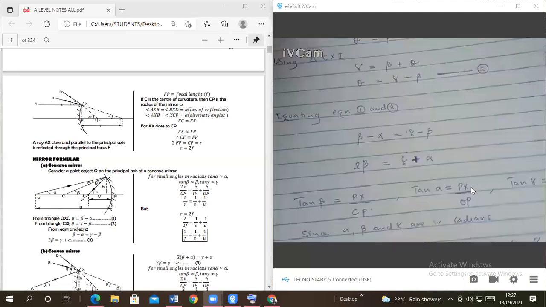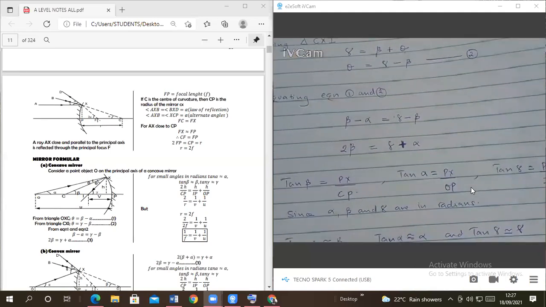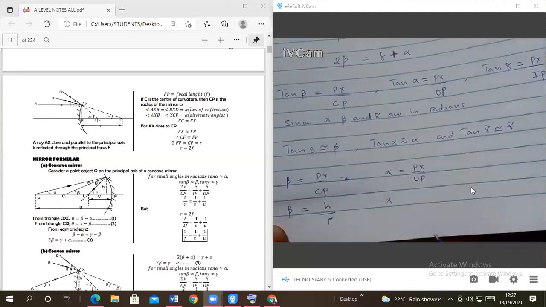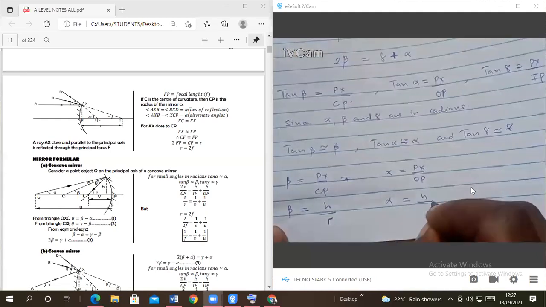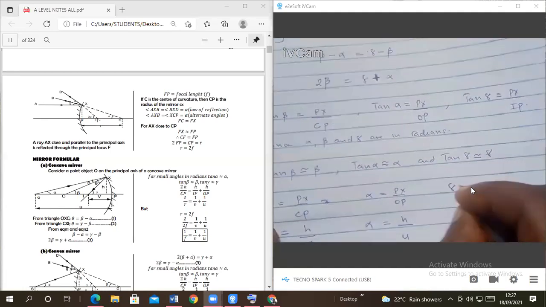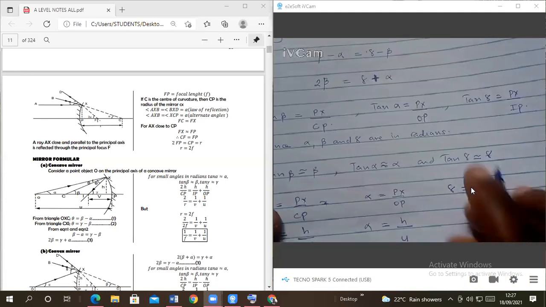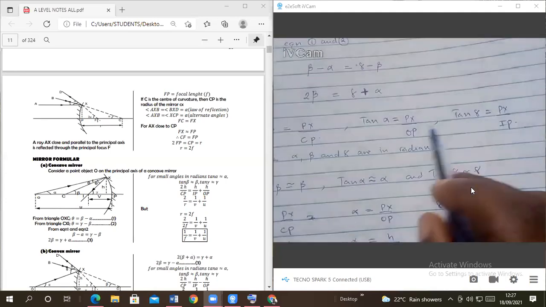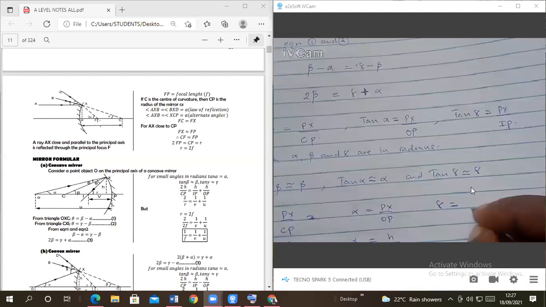So alpha was equal to PX over OP, and it means that alpha is equal to h over u. Then gamma: we said that gamma is equal to PX over IP.